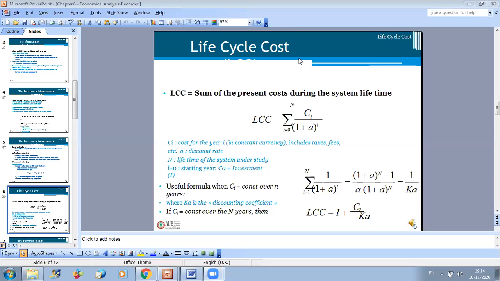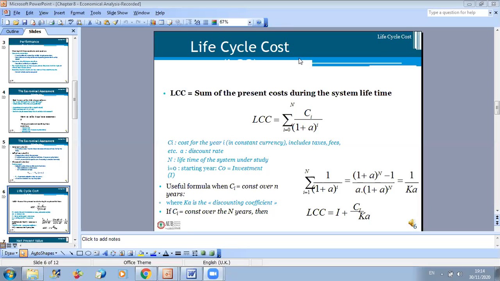So for constant value of A, from math, I can replace this formula, which corresponds to a geometrical series, by 1 plus A to the power n minus 1 over A times 1 plus A to the power n. In this way, I can calculate the whole cost during the n years. And I should add to it, of course, the initial investment cost.